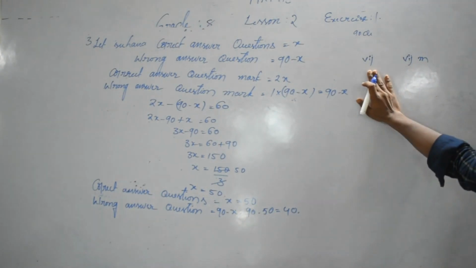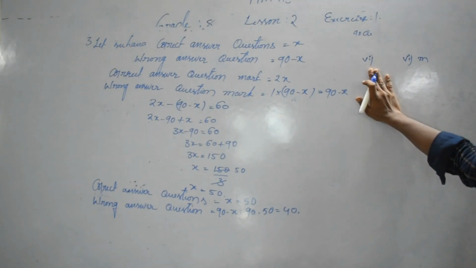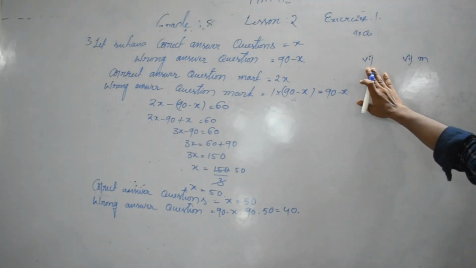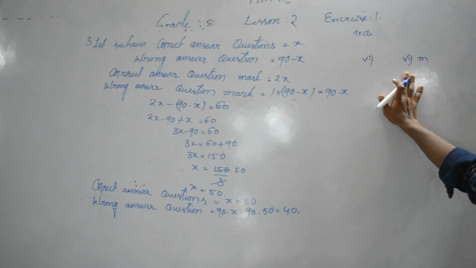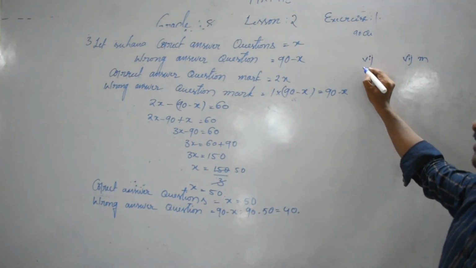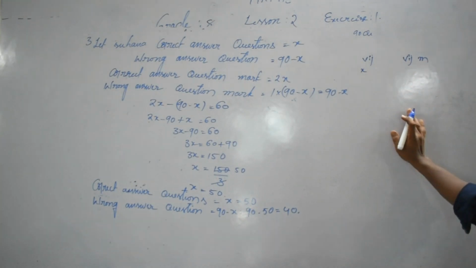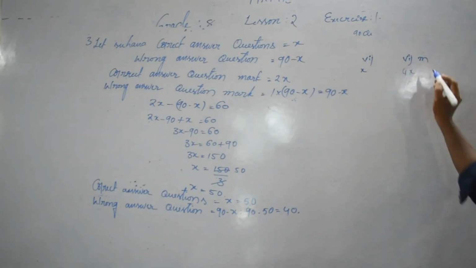So present today, the mother is 4 times Vijaya. So Vijaya is let x. Then her mother is 4 times, 4x.